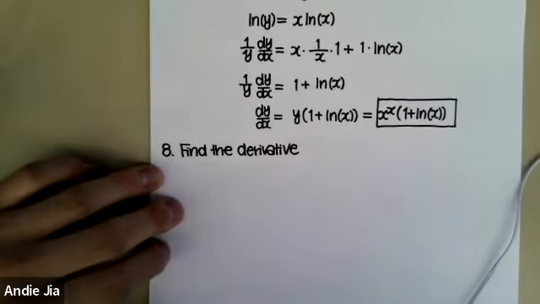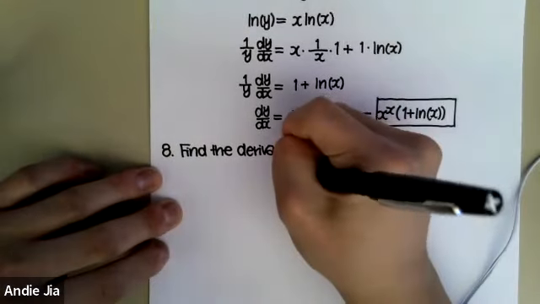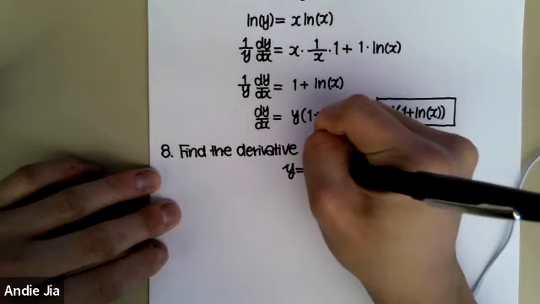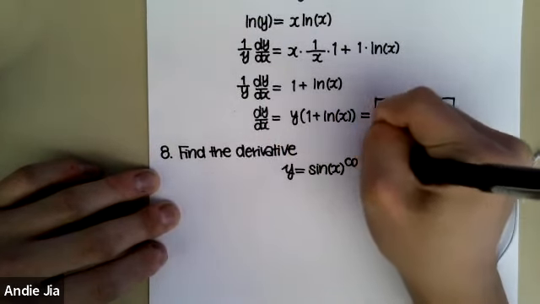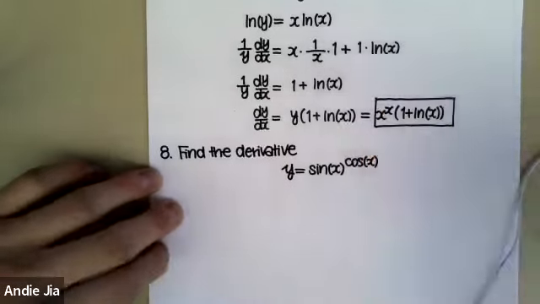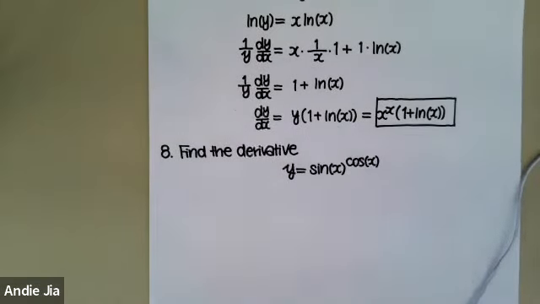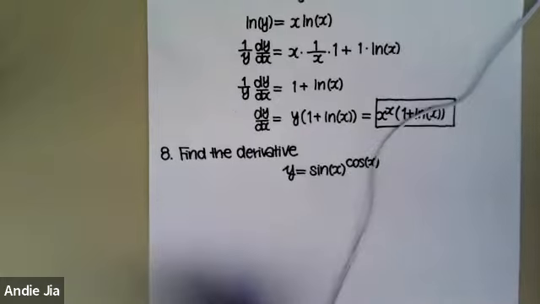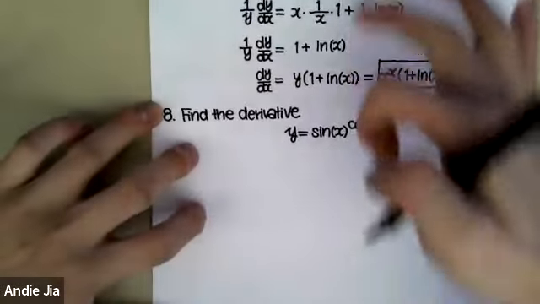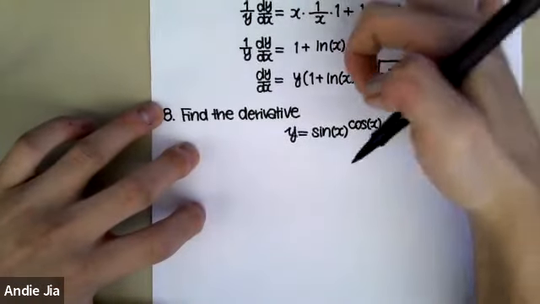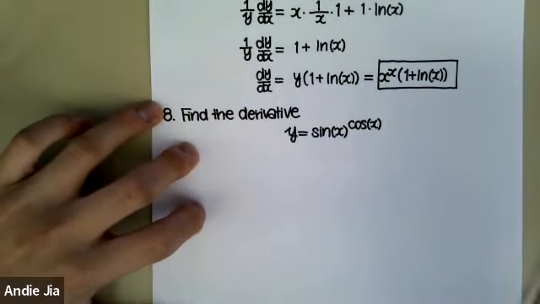Okay, so find the derivative. y equals sine of x to the power of cosine of x. Now you know this is going to be logarithm differentiation, right? Where f of x is sine of x, g of x is cosine of x.